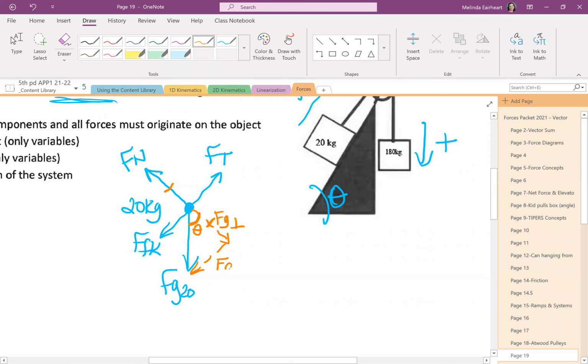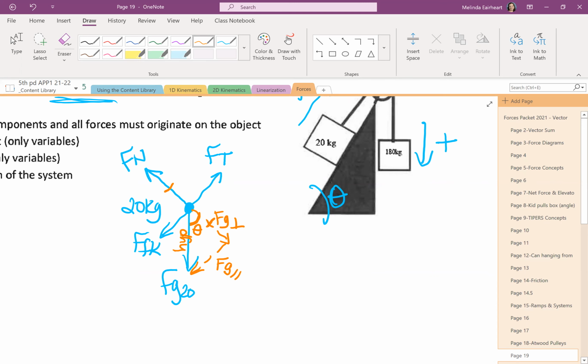And your check is, FG should be what part of the right triangle? It should be the hypotenuse. And if your drawing doesn't show it as the hypotenuse, erase, make some adjustments, right? Okay, so there's the diagram. And I think that's one of the more intense diagrams we've done on a ramp, right?